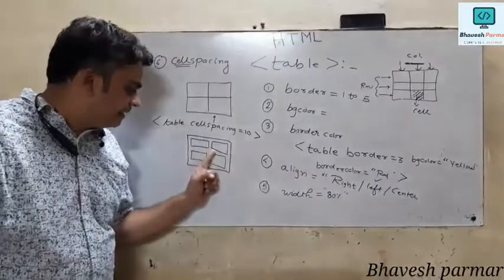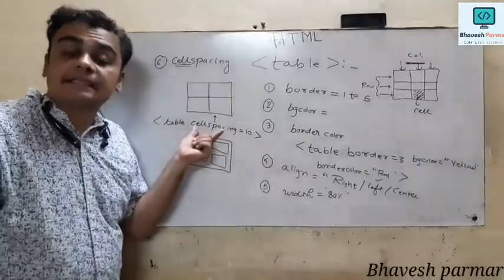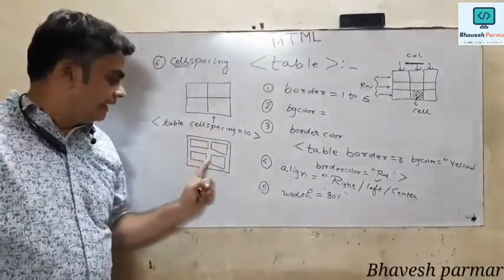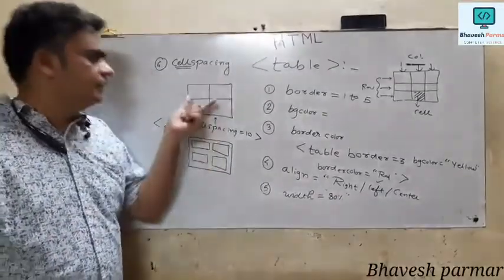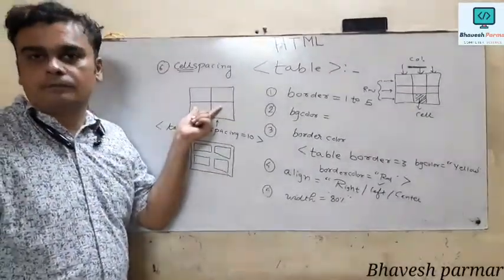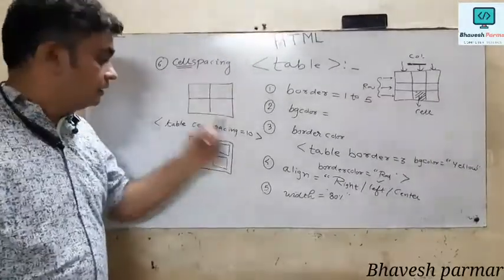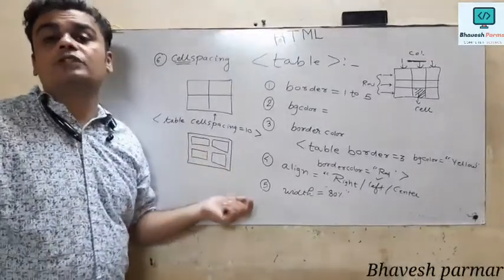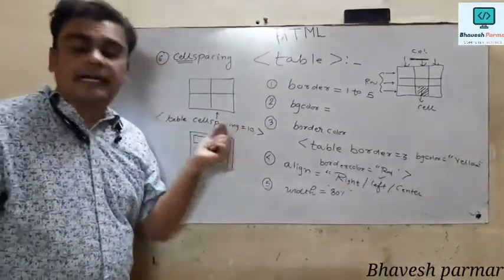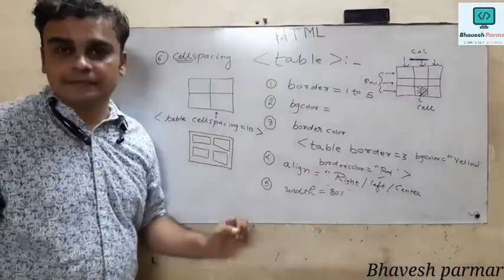This gap is created by using the cellspacing attribute, and your table looks this way. But if you are not using it, it will show you a normal table. Got it? So it is very interesting. This value represents how many spaces you want to generate, and these spaces are calculated in terms of pixels.